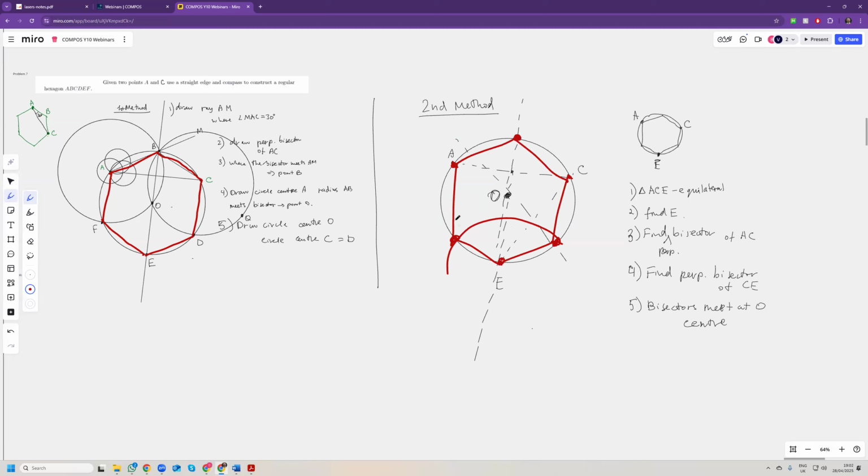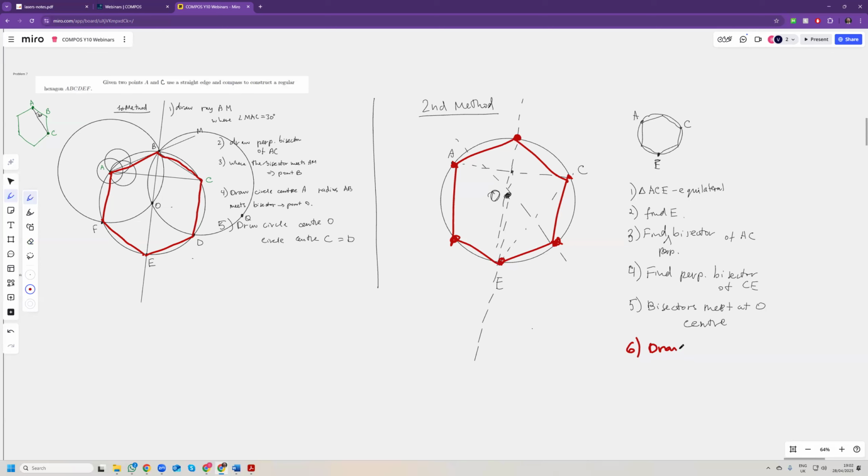Hexagons are really fun. I mean, as shapes go, hexagon is one of them. Can you draw the triangle and then find the other point? Can you draw an equilateral triangle ACE? Oh yeah, that's what it did. Yes, perfect. Okay, then the bisectors meet at center 6.